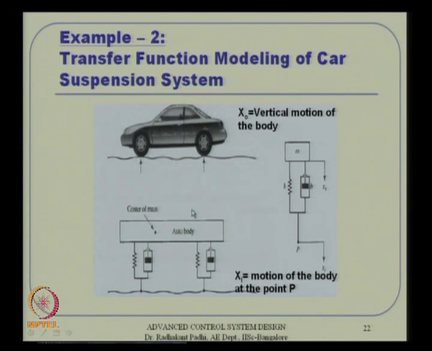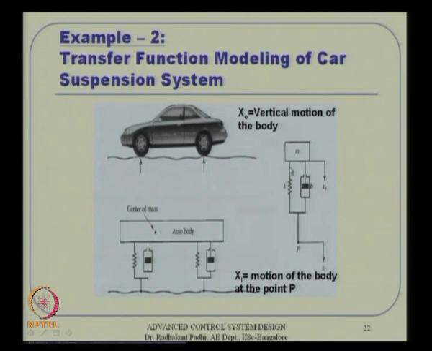So, there are different levels of modeling here, depending on your motivation and what you want to do with it. Here, this auto is a single entity, just one point mass. There is xi as input to the body, and we consider that as a lumped mass with lumped spring and lumped damper.